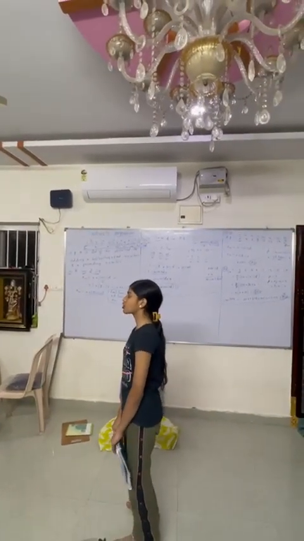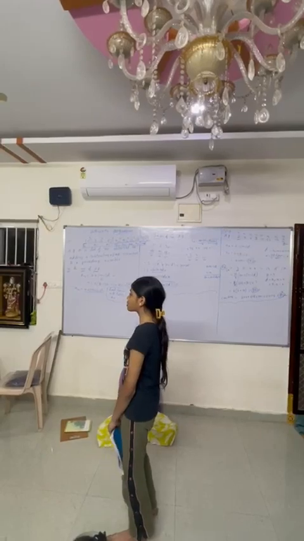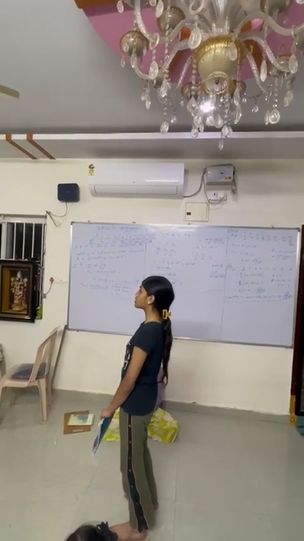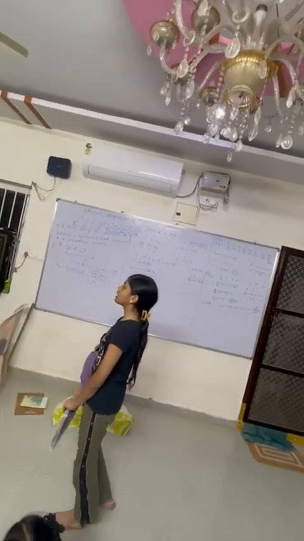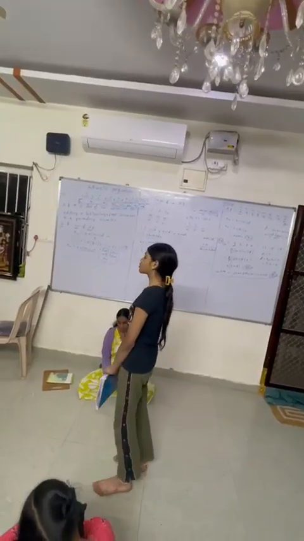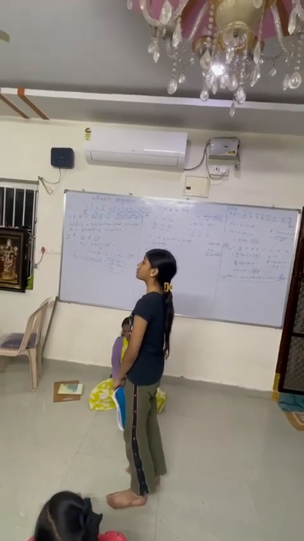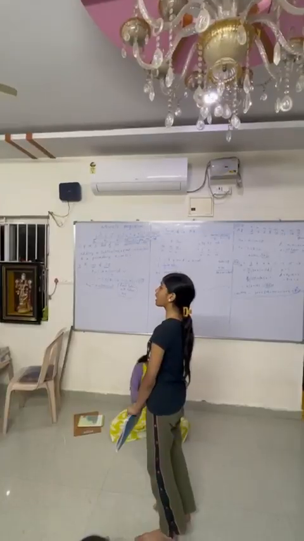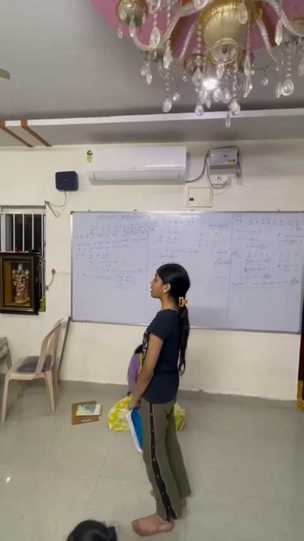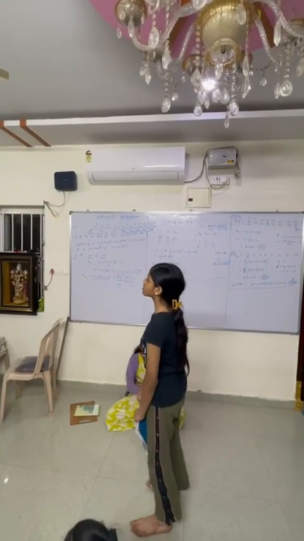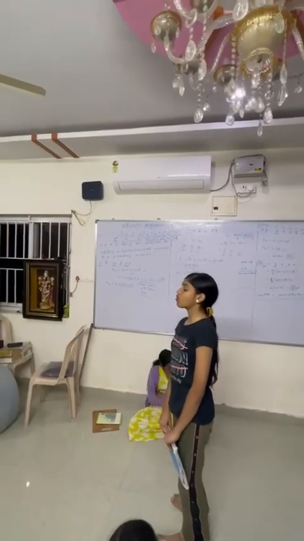Heterotrophic nutrition depends on others for food. Autotrophic nutrition happens with water and CO2. Heterotrophic nutrition happens without CO2 and water.